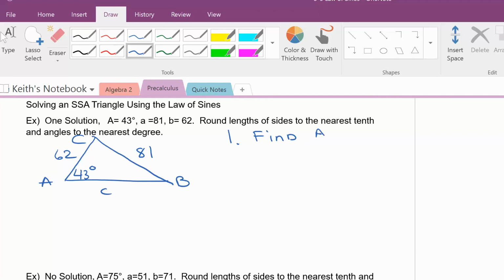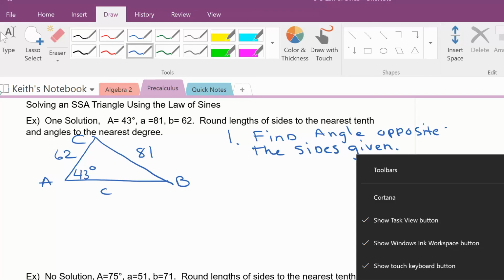Okay, so the first thing we're going to do is find the angle opposite the side given. We know angle A and side A, and we know side B. Now we're going to find angle B. So we're going to use the law of sines.